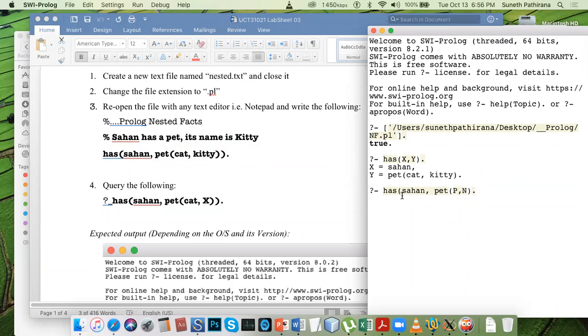So we are going to question about, so we need to insert another bracket because Sahan has a pet. We want to know which kind of pet Sahan is having and the name of the particular pet. P equals cat. That means Sahan's pet is a cat. And the pet's name is Kitty.